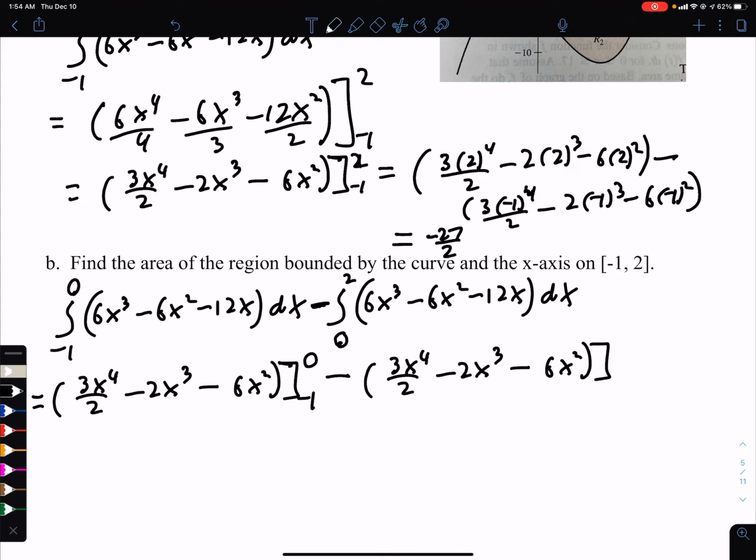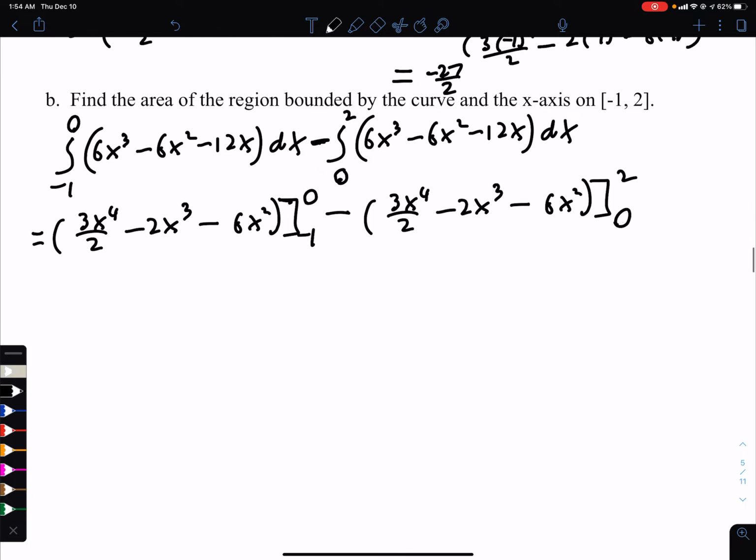And this one's going to go from 0 to 2. Now, I'm not going to plug everything in for you, but you'd plug in 0 here, here, and here. Then you'd plug in -1 here, here, and here, and you would subtract that. You get one blob minus another blob.